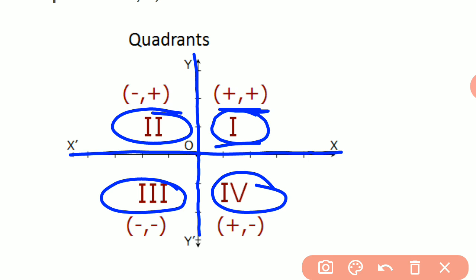The sign of the first quadrant is positive, positive; the second quadrant is negative, positive; the third quadrant is negative, negative; and the fourth quadrant is positive, negative.